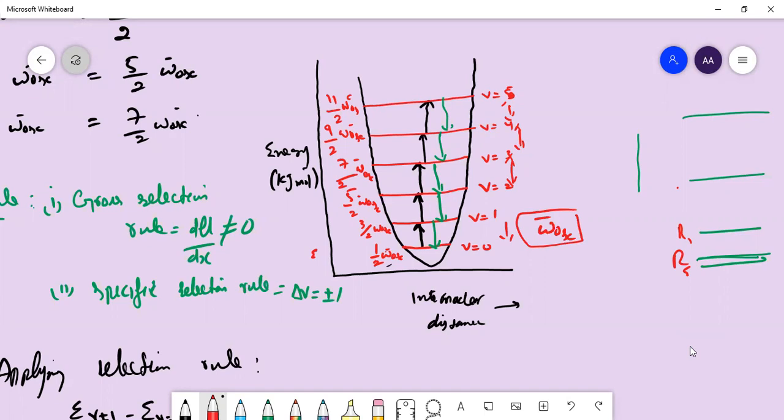So in the spectrum I will get only one line. The spectrum will be like this: if this is the spectrum, I will get only one absorption or emission band at omega oscillation bar.